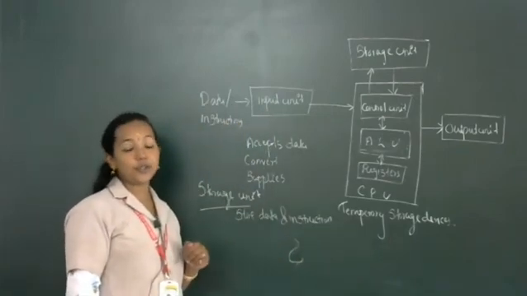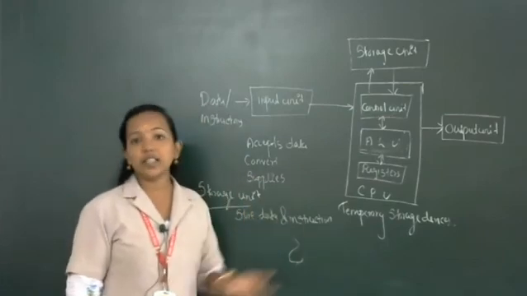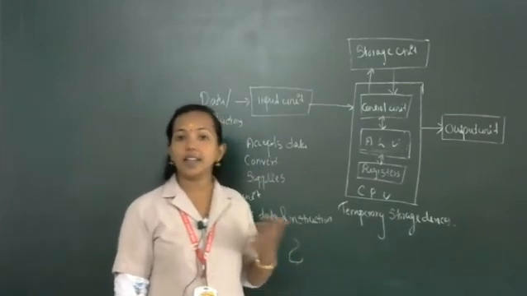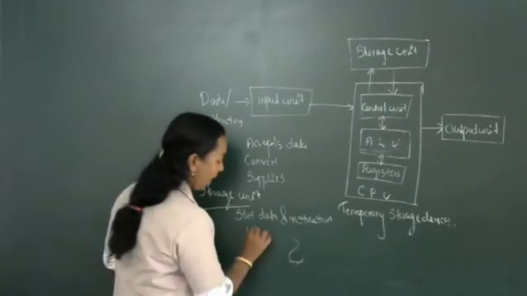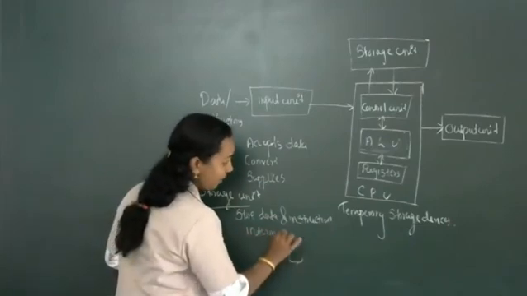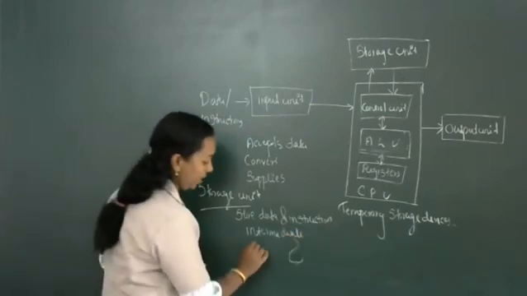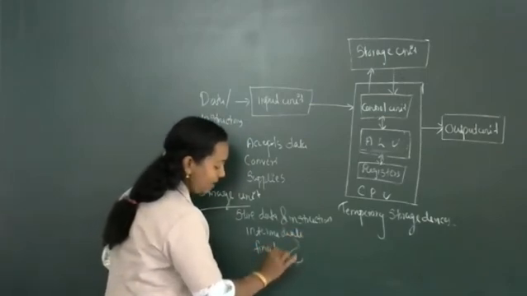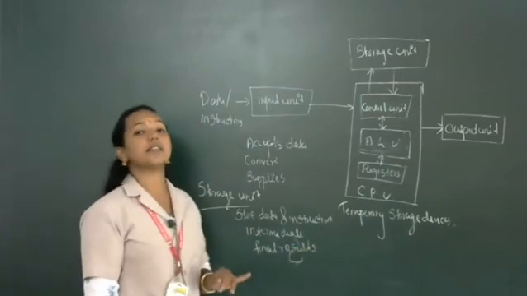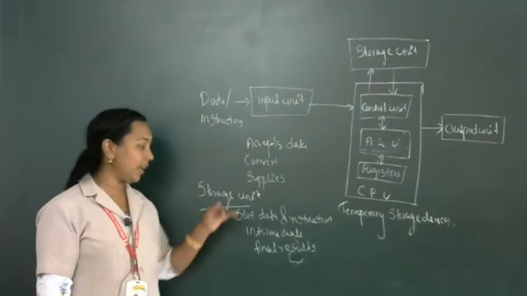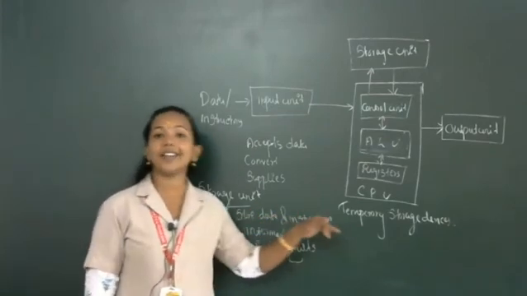And also it can store, as I already mentioned, when in ALU we are executing an expression, final result and intermediate results also will come. So it can store final results and also intermediate results. It will store intermediate results and final results after the data processing. So these are the three duties of storage unit. Store data and instructions.